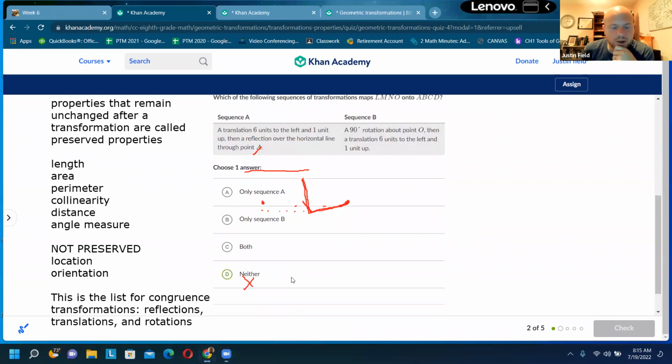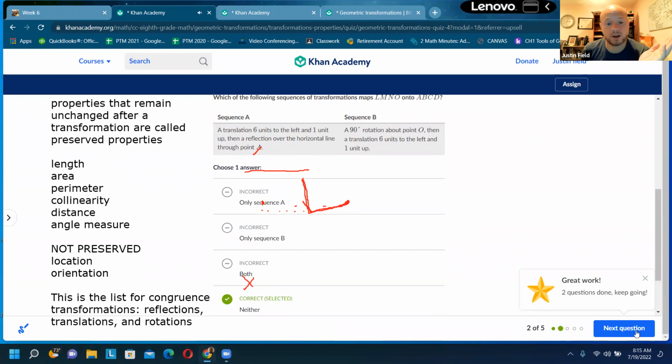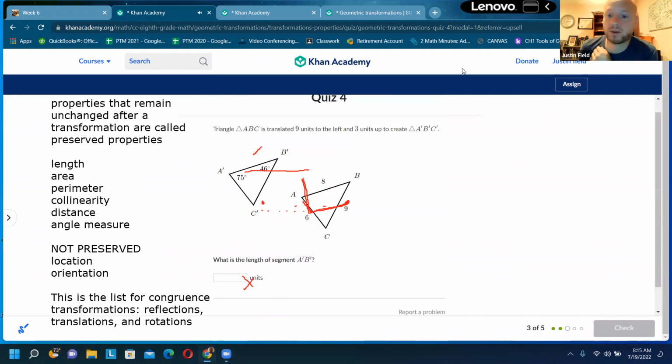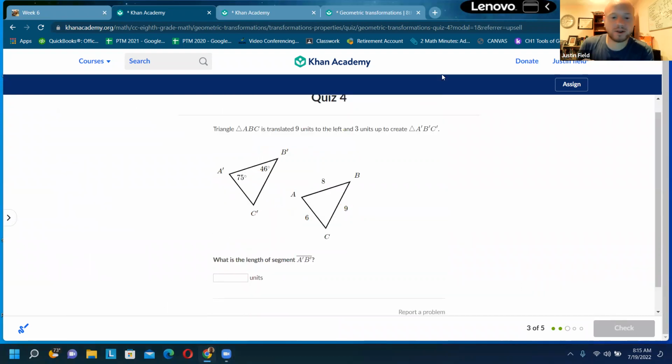I don't think either of them works. I'm glad, because otherwise I would have to do extra thinking, which is okay. All right, but do you see how I just kind of eyed it and saw whether it would work or not? That should be sufficient for that one. It gives you a good understanding, making sense of the situation. And if you get a hard one, put it in the organizer.